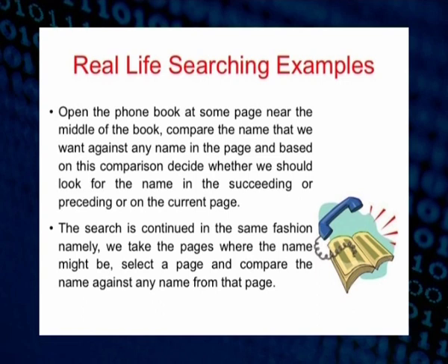The search is continued in the same fashion, namely we take the pages where the name might be, select a page and compare the name against any name from that page. When there is only one page that might contain the name of interest, then we look for the name in basically the same manner.